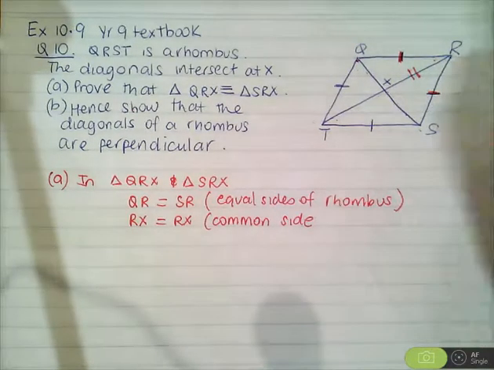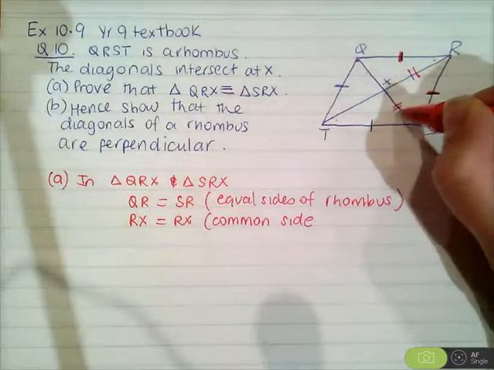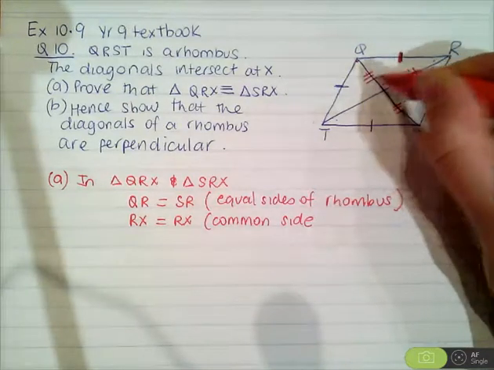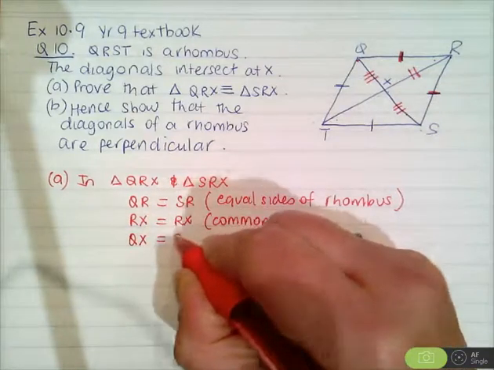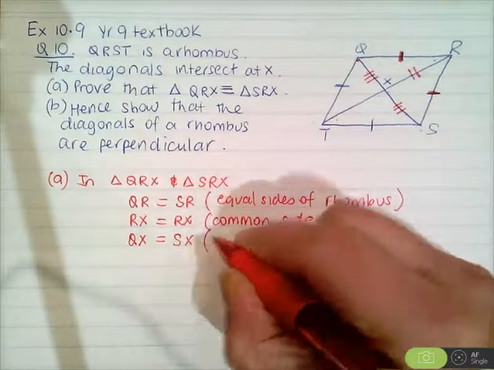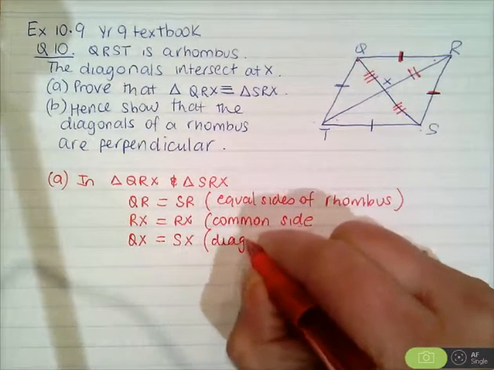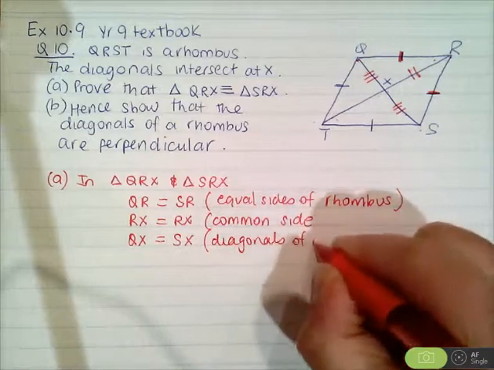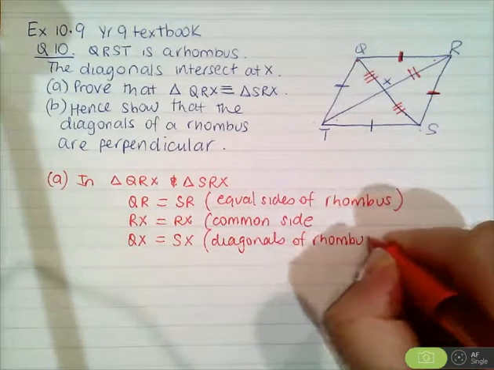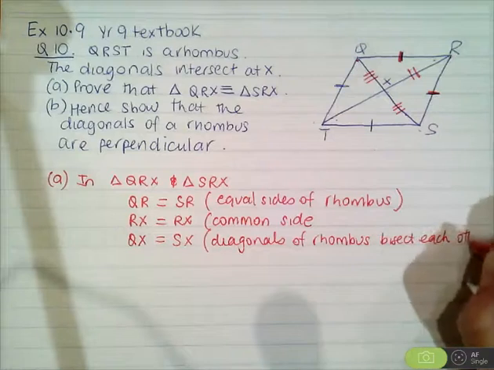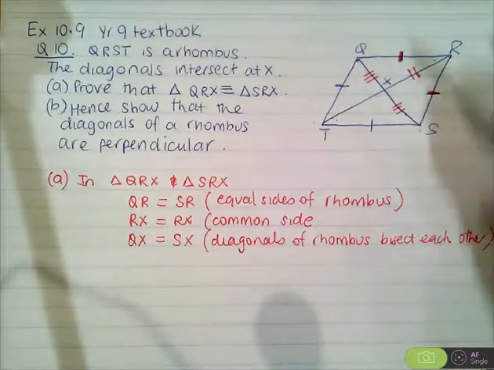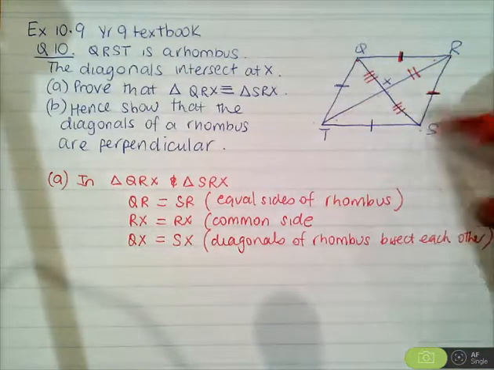So for our next reason, I'm going to go with QX is equal to SX, and the reason is that diagonals of a rhombus bisect each other. That means that RT bisects QS in half.